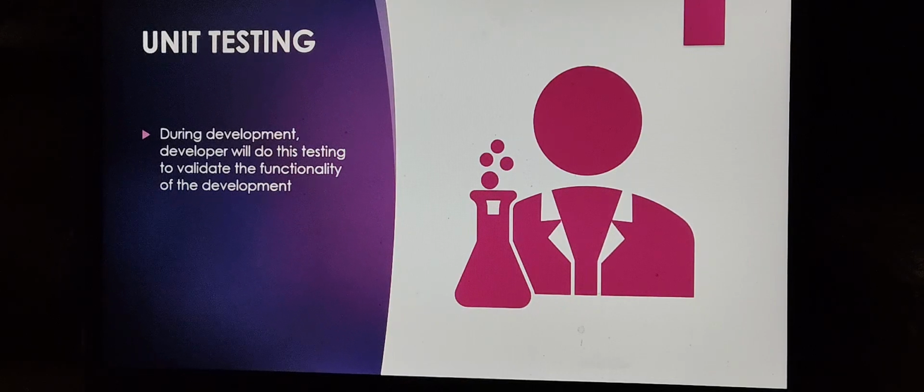To validate whether the development they made is working correctly or not, functional consultants or developers will be performing this unit testing. Unit testing is the first phase of testing in all projects, and this is the basic testing that SAP consultants will be performing.